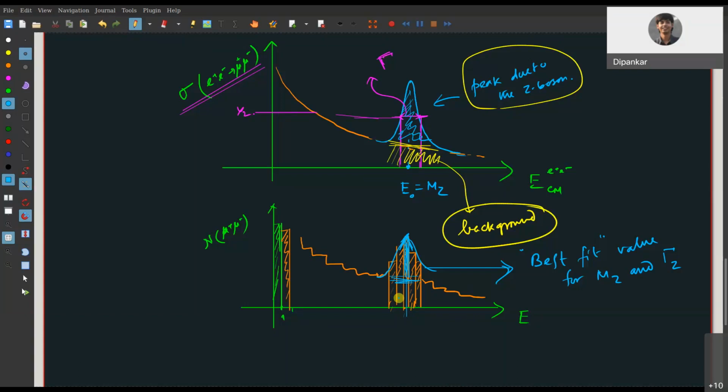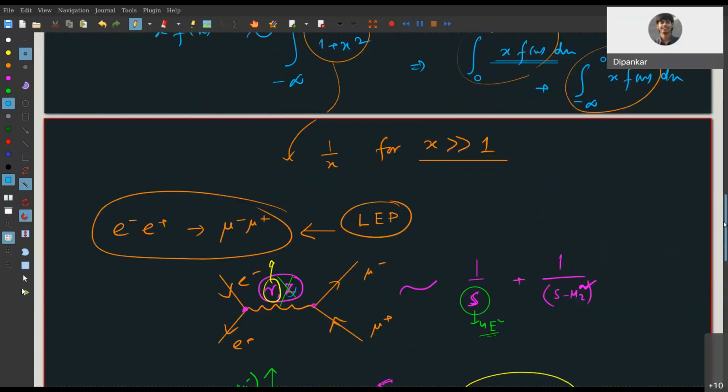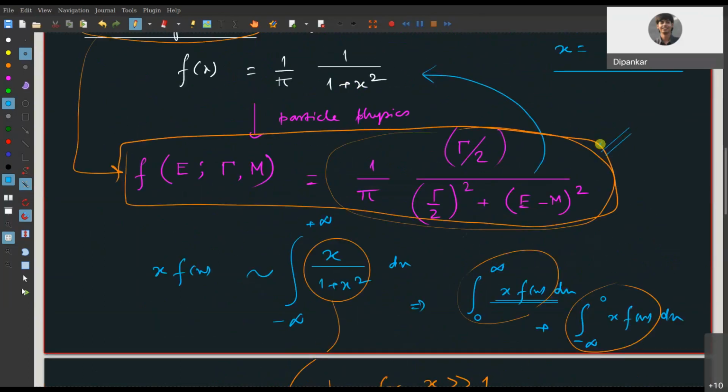So remember, these are cases where you have a concrete theory for your data. You have some expectation. You are not running your experiment blind. You already know that if there is a Z boson, then my data will look like this, and the pattern that my cross section will follow will be given by this thing.